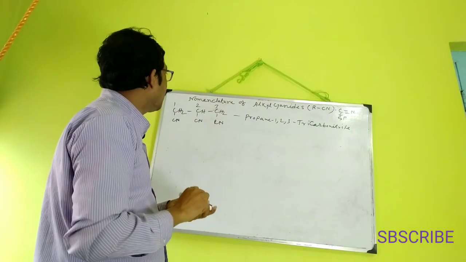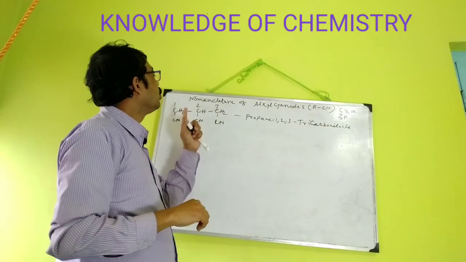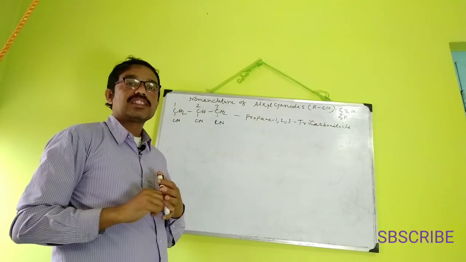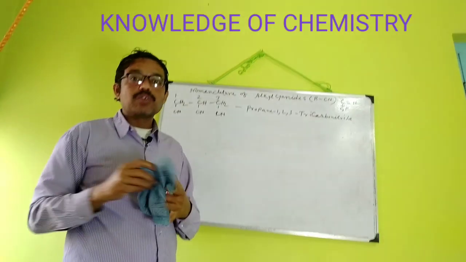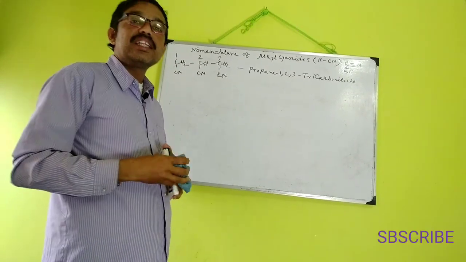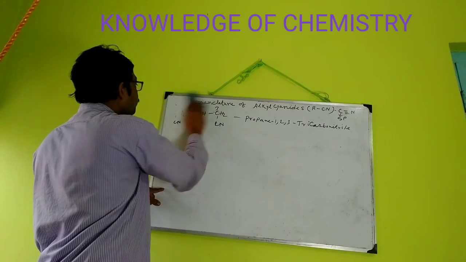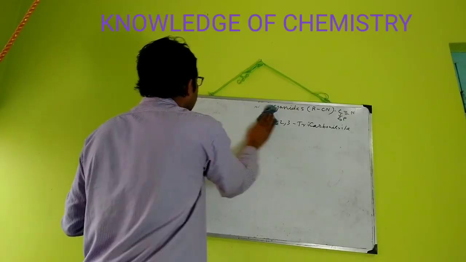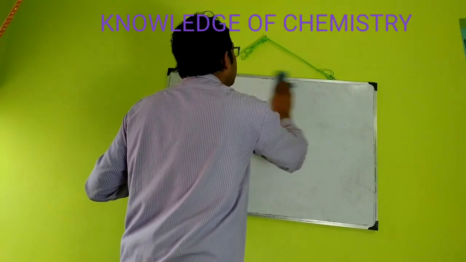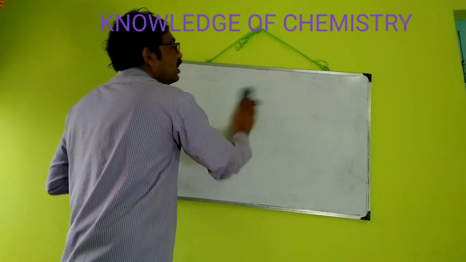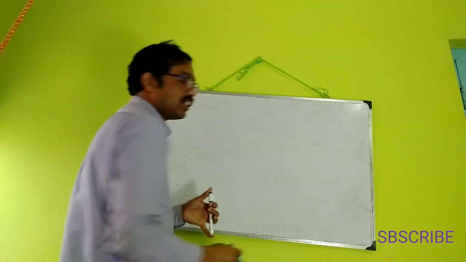So you have learned about the nomenclature of alkyl cyanide. Now I shall discuss the nomenclature of acid anhydride. Acid anhydrides are the compounds obtained by dehydration of carboxylic acid.